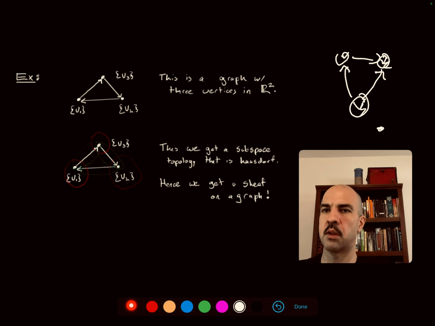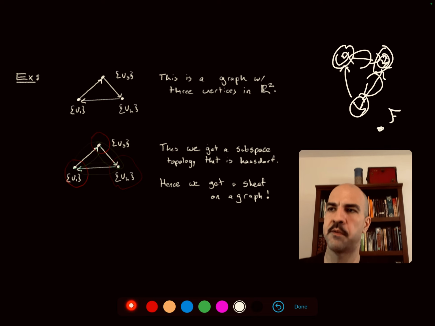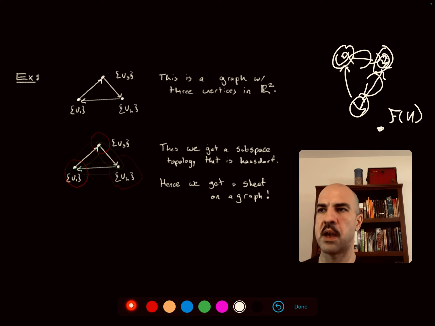Because this inherits the subspace topology of Rn, we can draw open sets over each of these. So we have an open set, an open set, an open set. And this allows us to encode more information about the network structure than we get just looking at this as a graph. So we can now think of each of these points as having this vector space F(U) applied as a functor over them. And then this gives us the linear maps between these points in our graph.